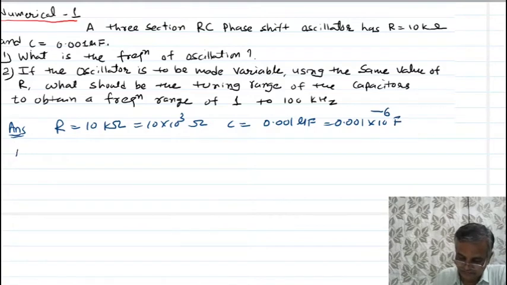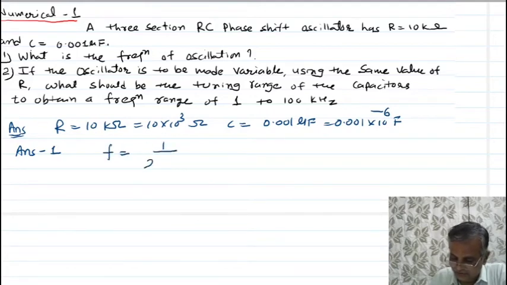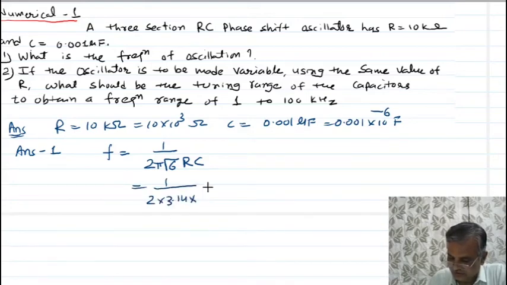First question. Answer first. What is the frequency of oscillation? You already know the frequency of the RC phase shift oscillator is given by 1 upon 2 pi root 6 RC, 1 upon 2 into 3.14 root 6. It is better to remember 2.45, and R is nothing but 10 into 10 raised to 3.